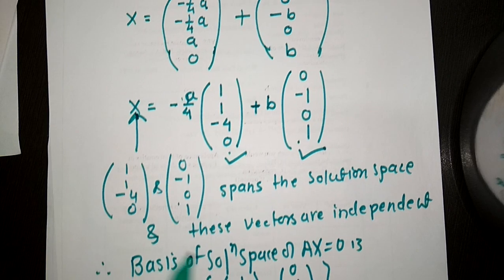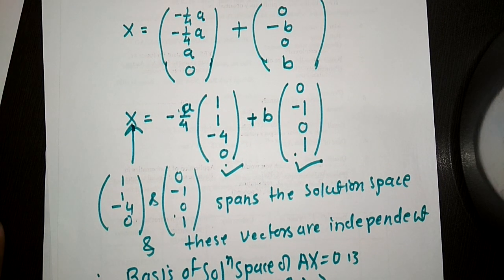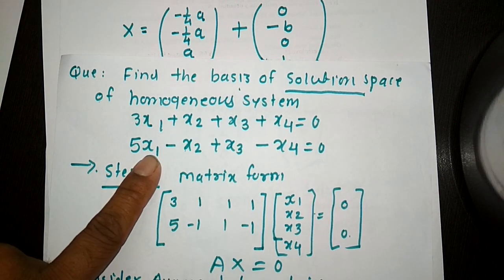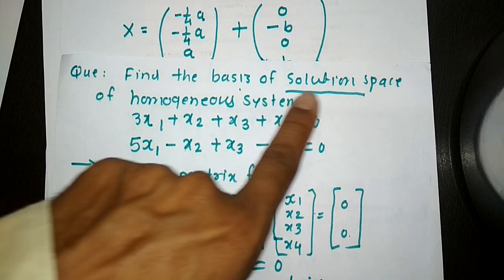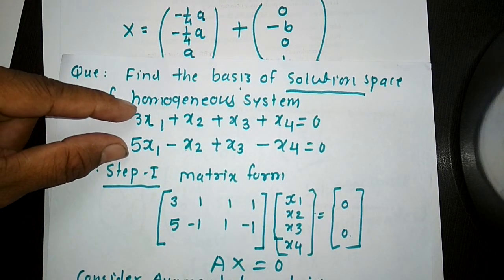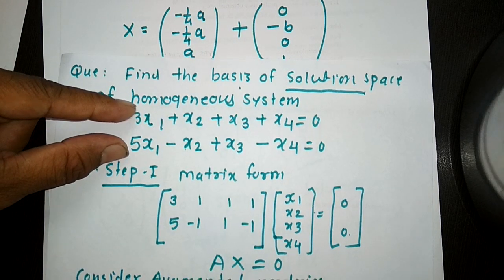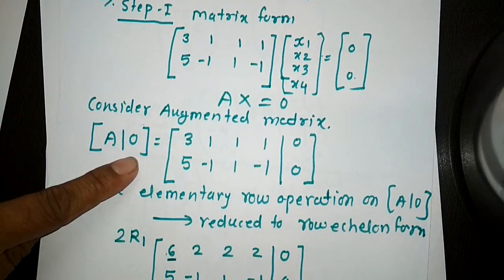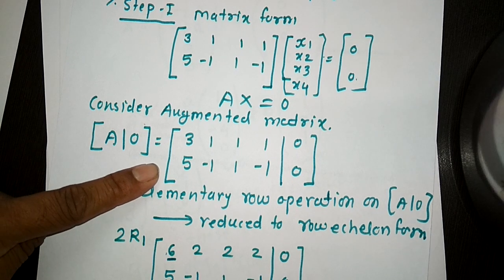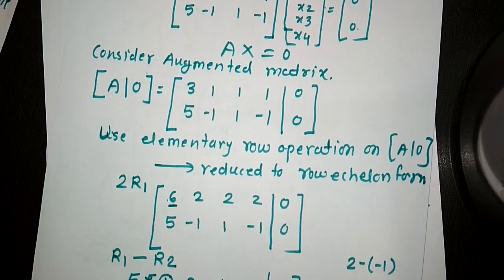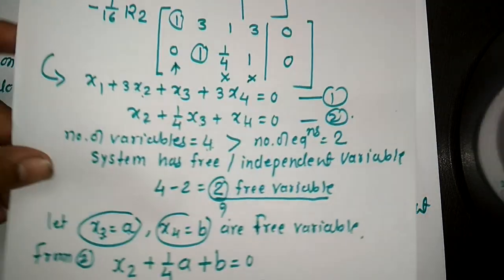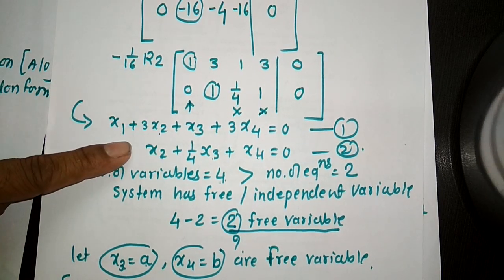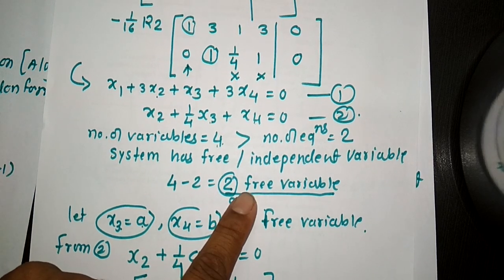Why the basis? Consider the example of a homogeneous system where we want to find the basis of a solution space. First we solve the system of linear equations by Gauss elimination. We write the augmented matrix and reduce it to row echelon form. Then we convert to equations and identify the free variables.